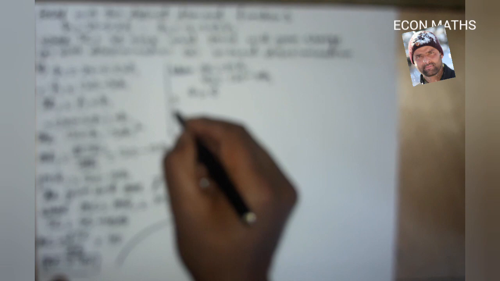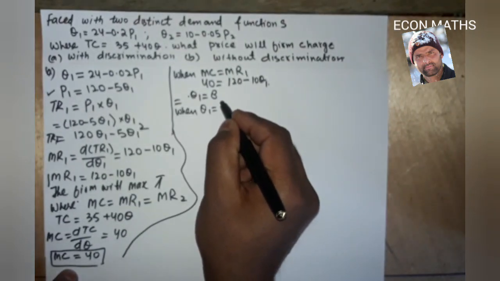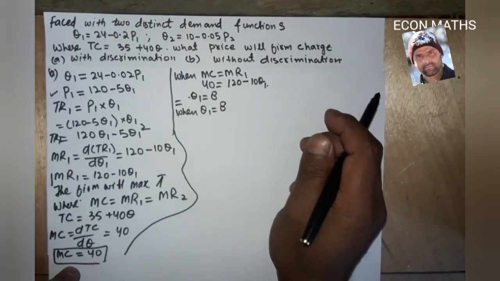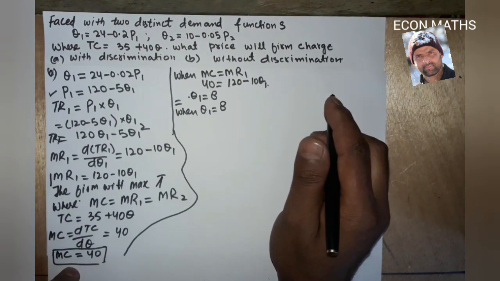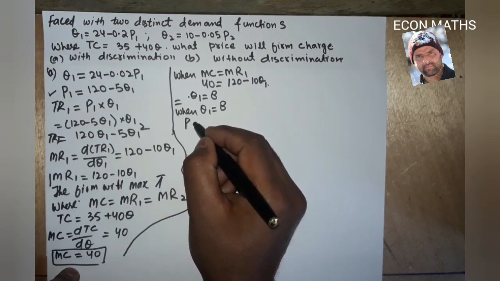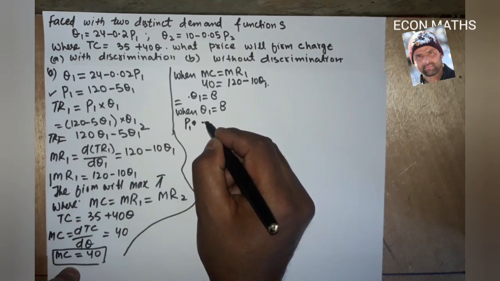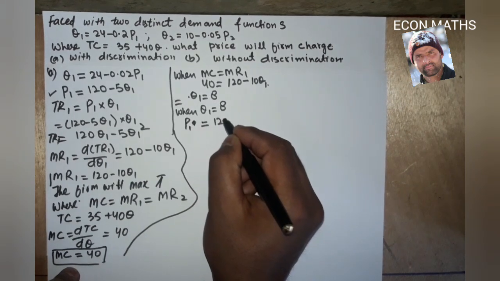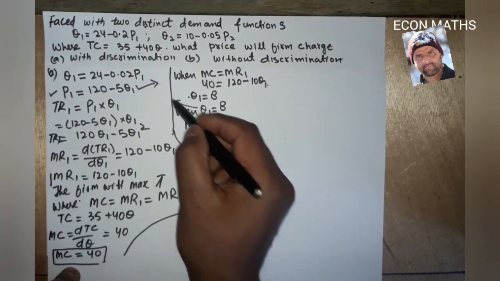Now, when Q1 is equal to 8, when our quantity in the first market is 8, then price 1, that is the price in the first market, will be equal to 120. That is, we will put the value of Q1 here.